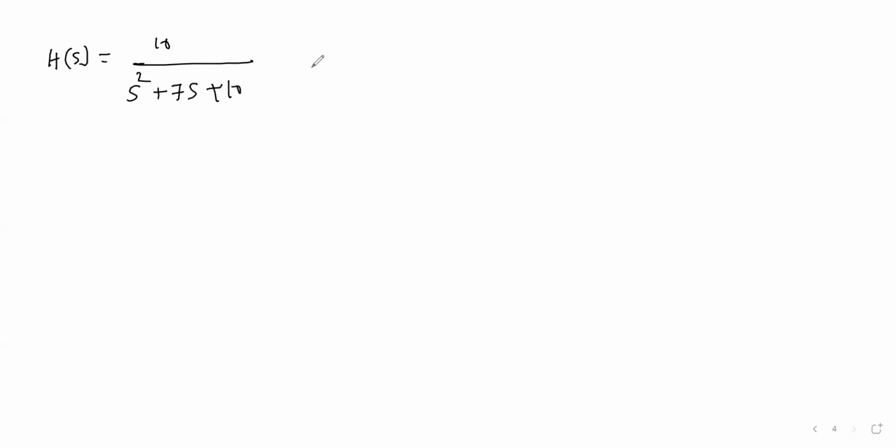The same question. Find the Z transform, meaning find the digital filter response H of z by using the impulse invariant technique. For T, you can take any value, just let T equal 0.2 or 1, anything you can take. Can you do it?